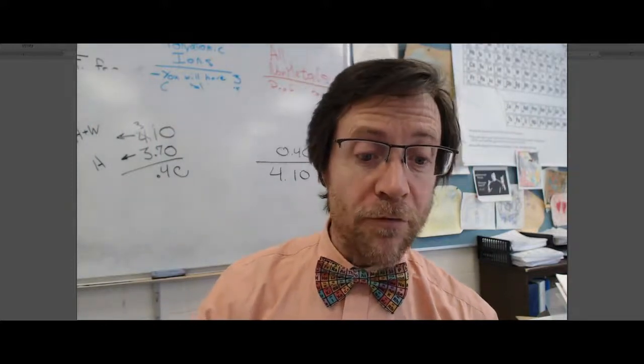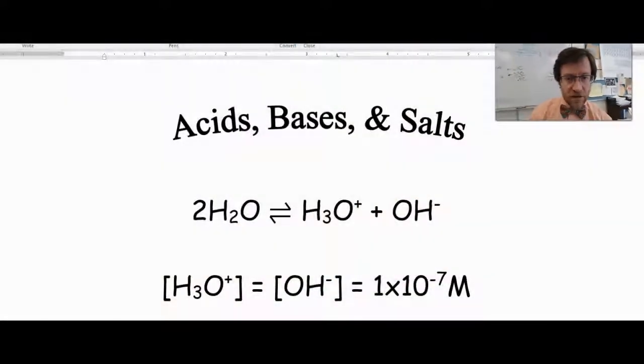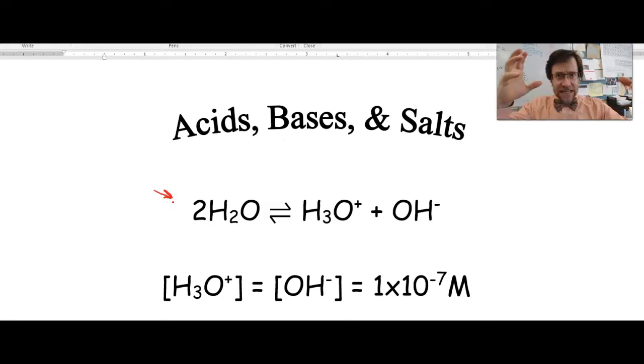So, before we get too far, what I want to start looking at is this right here. This is what's happening inside every sample of water. This is the fundamental idea here with acids and bases. If you had two water molecules in a container, they're just bouncing around. Remember the whole kinetic molecular theory?